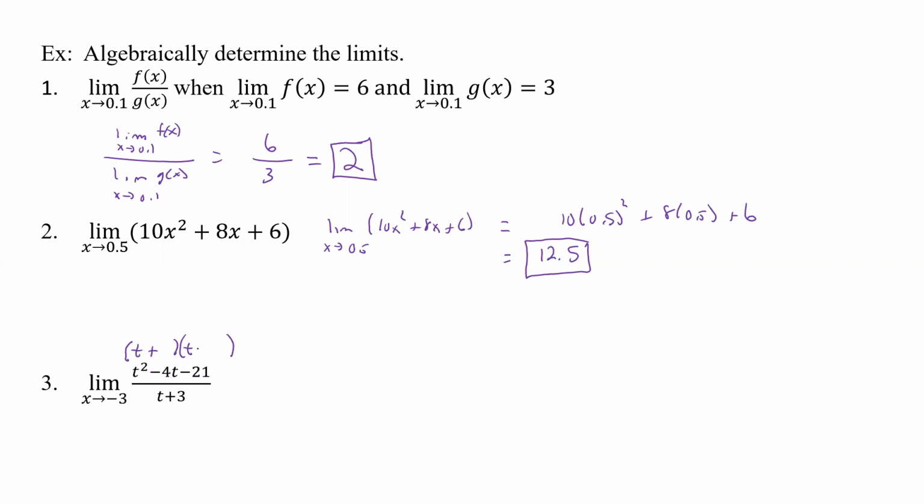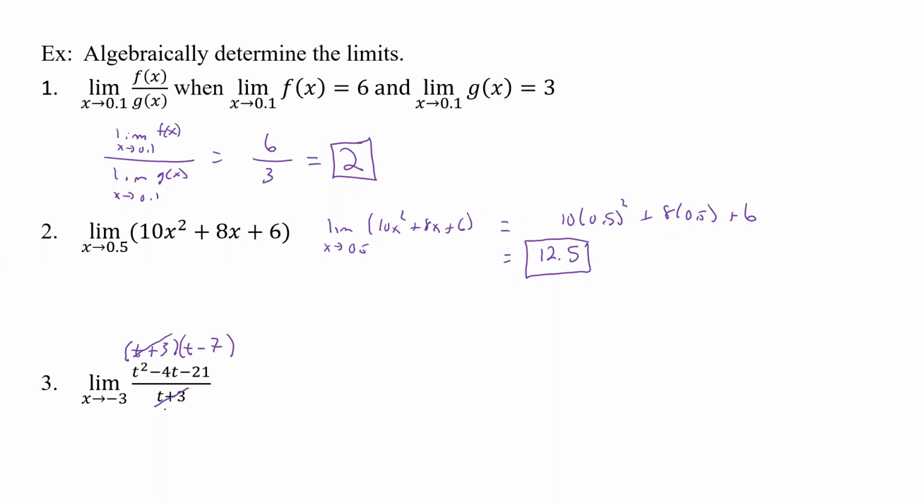So what two factors of 21 subtract to give us 4? Well, 3 and 7: 3 times 7 is 21, and 7 minus 3 is 4. If we have a 7 here, that'll give us a negative, and a 3 here gives us what we need. Now notice t plus 3 cancels t plus 3.